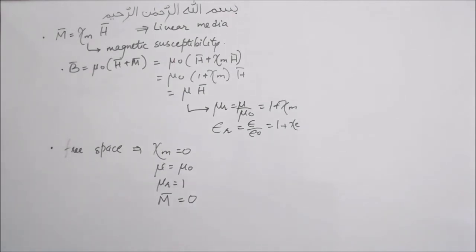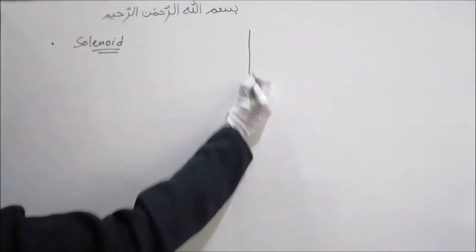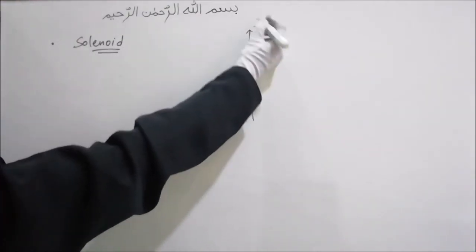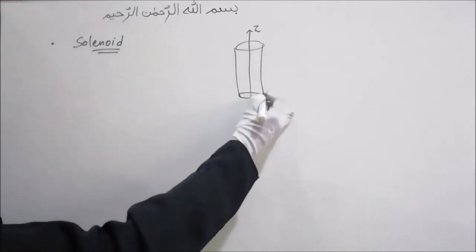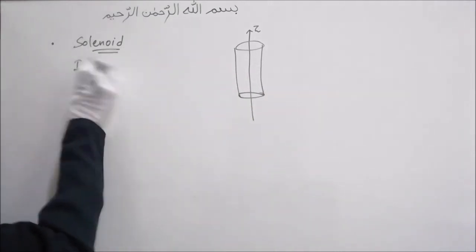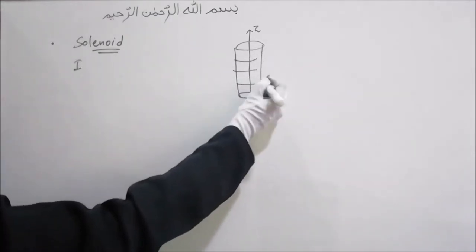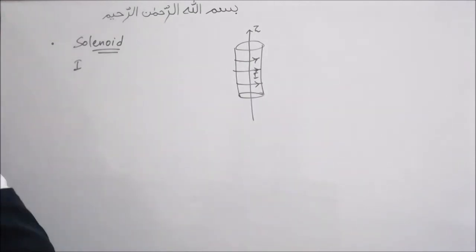Let's consider the example of a solenoid now. Let me consider this as the z-axis. This is a solenoid which is carrying a current I in this direction.